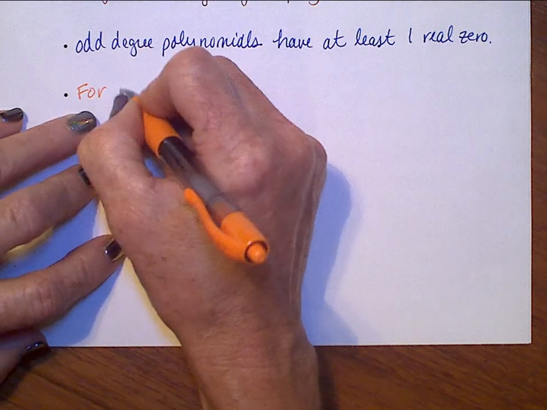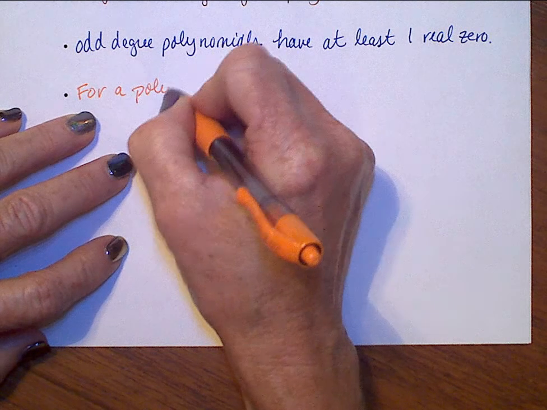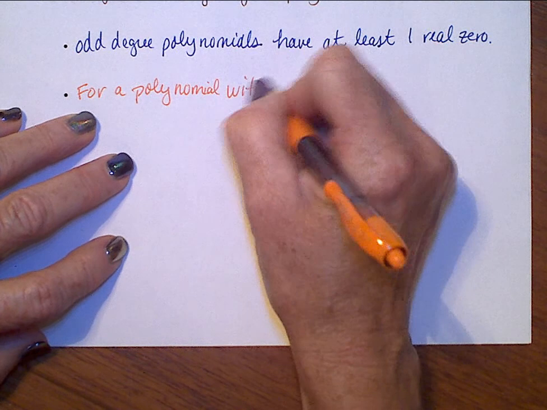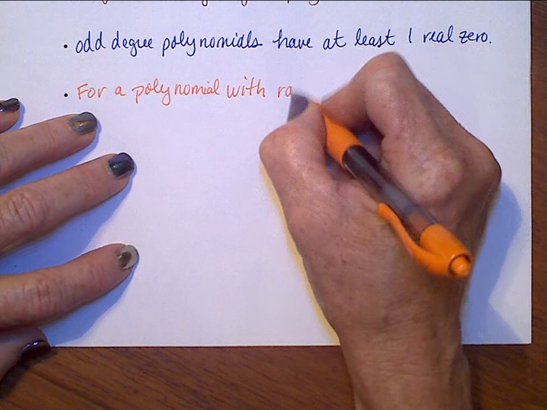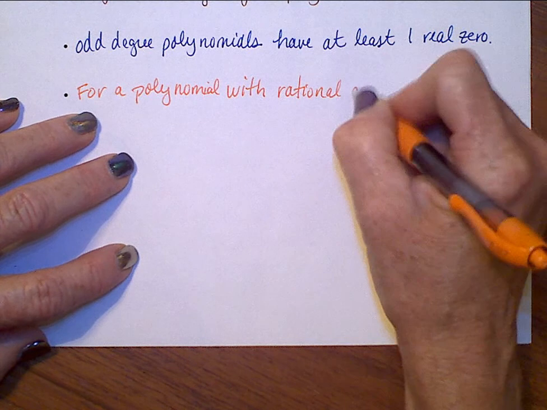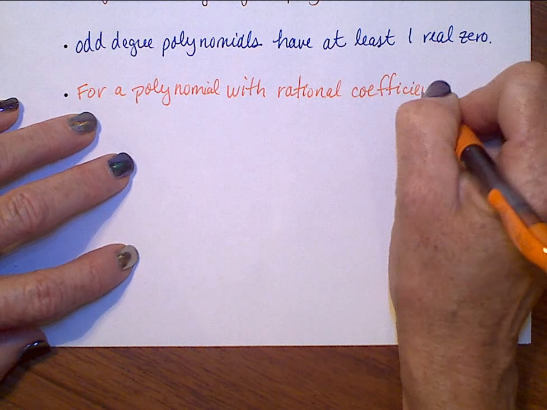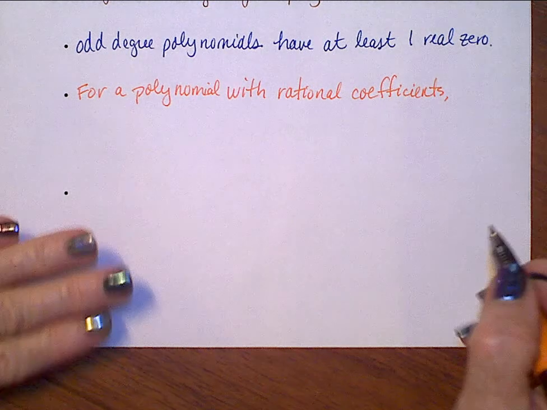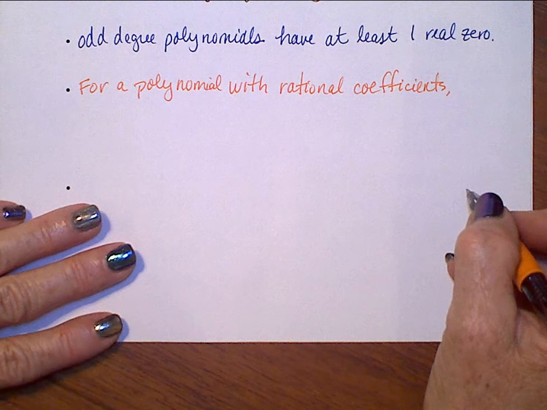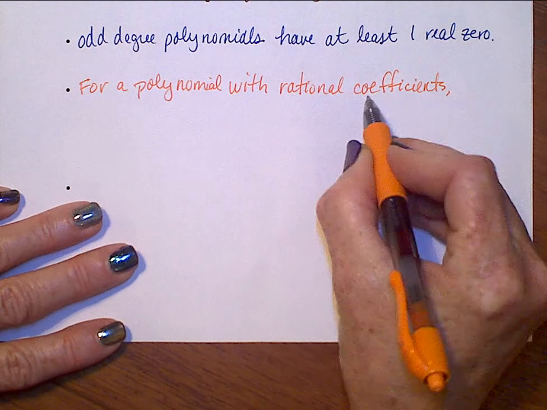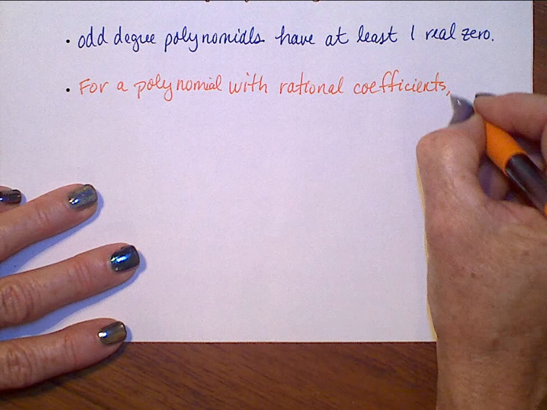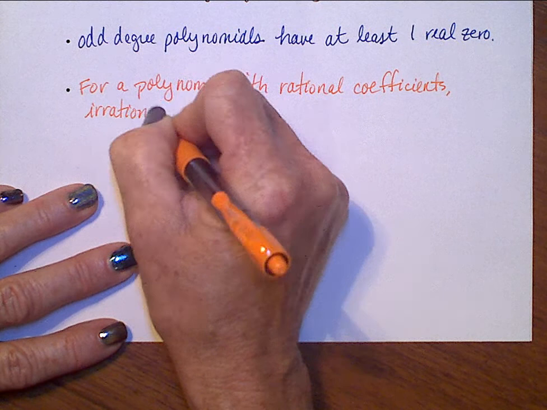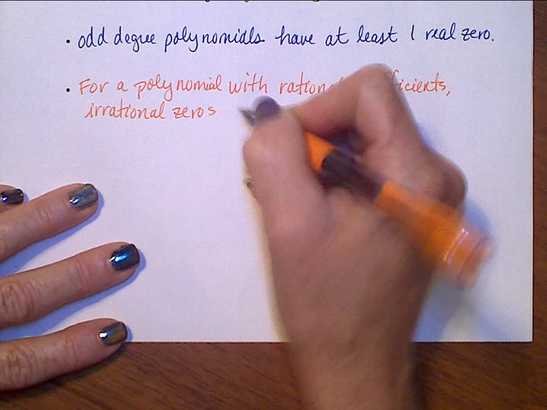For a polynomial with rational coefficients, okay, so no square roots as coefficients. No square roots as coefficients, no i's as coefficients, etc. For a polynomial with rational coefficients, irrational zeros occur in conjugate pairs.